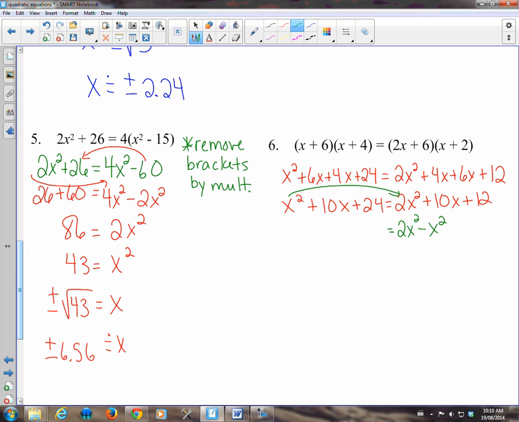If I put my other numbers together, when I bring 10x over and do the opposite, instead of plus 10x, it'll be minus 10x. Oh, and there go our x terms. And when I bring the 12 over, it'll be minus 12. So 10 take away 10 will be 0. So now we're back to looking like the rest of them. No x term. So we've got 12 equals x squared.